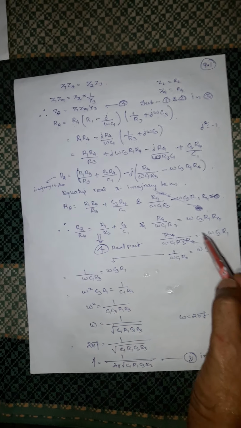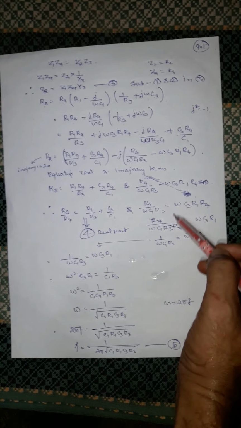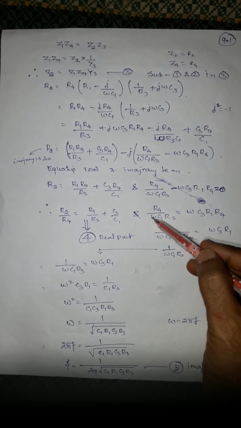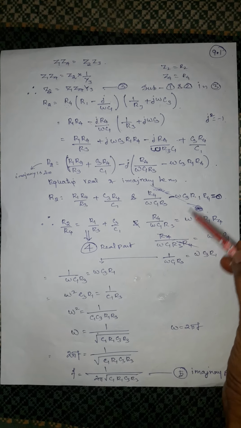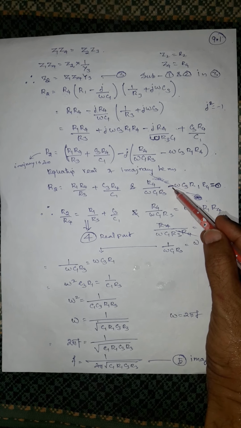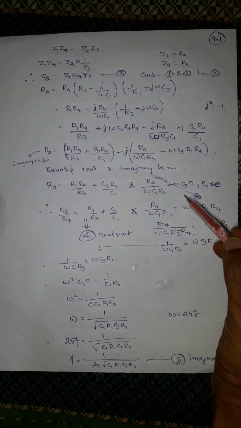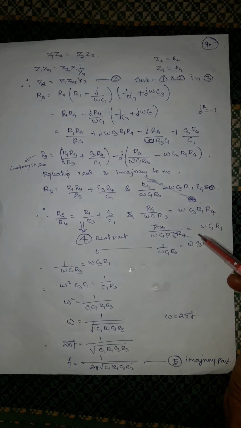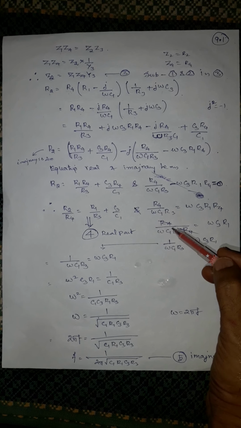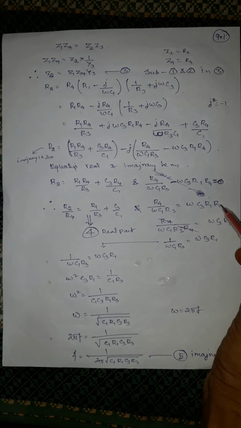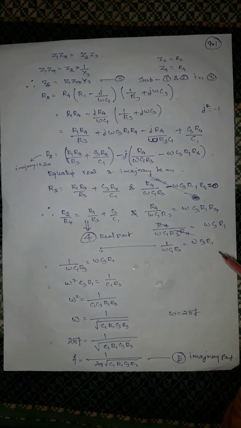Take the imaginary part. R4 divided by omega C1 R3 equal to, since it is 0, this comes to the right-hand side, the negative sign becomes positive, omega C3 R1 R4. The R4 cancels on both sides.